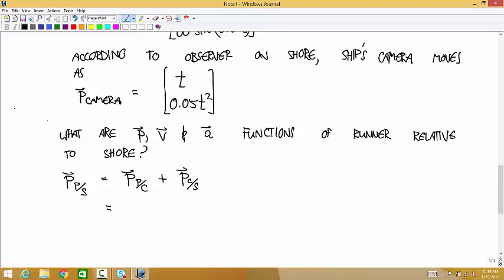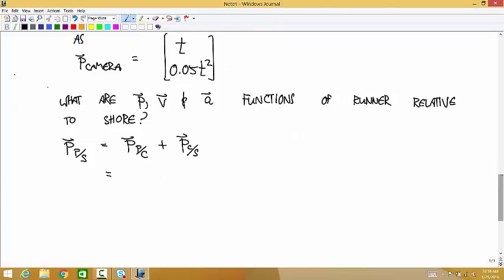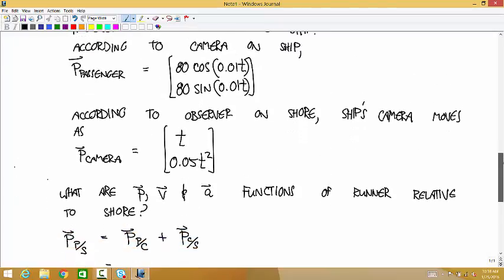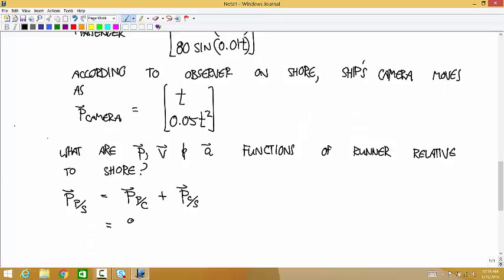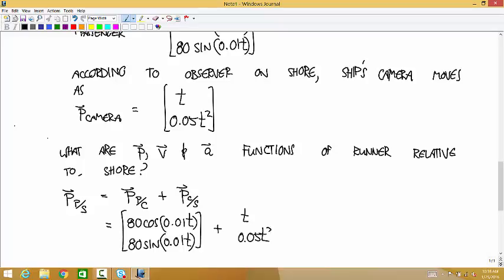So that position function is 80 times the cosine of 0.01t, 80 times the sine of 0.01t, plus t, 0.05t squared.